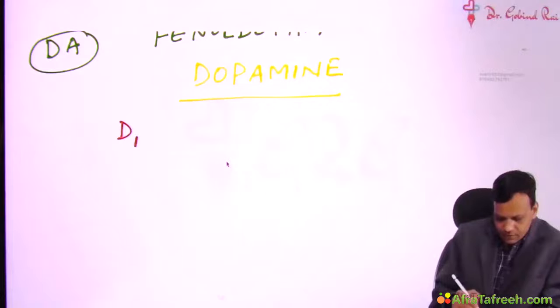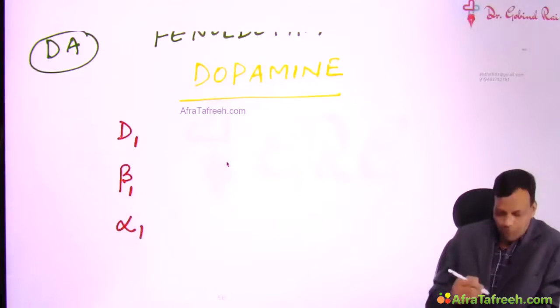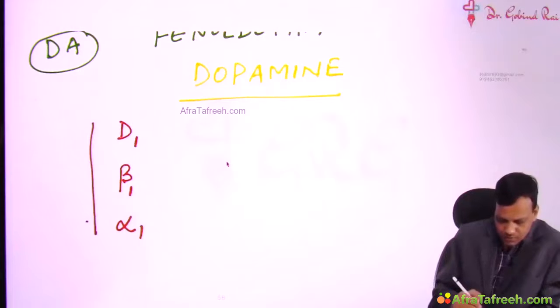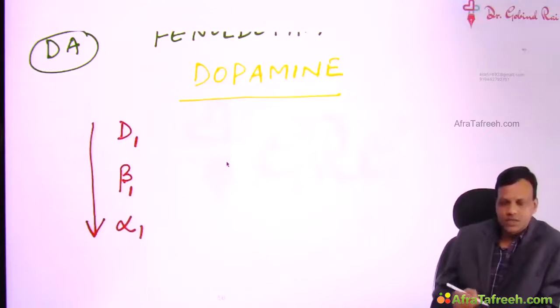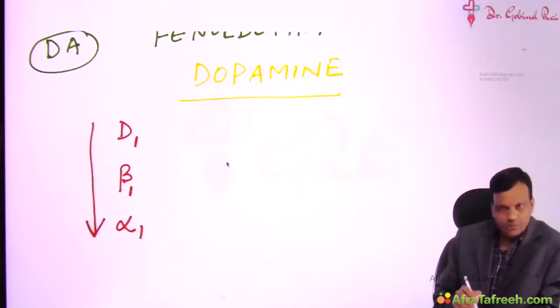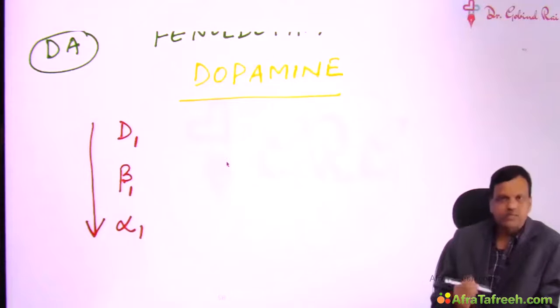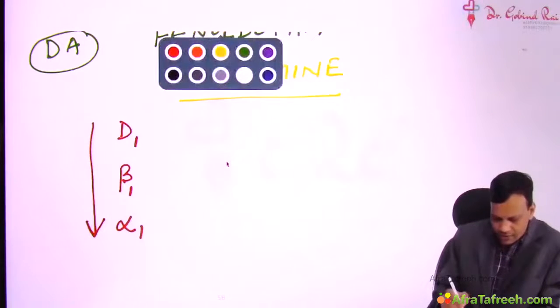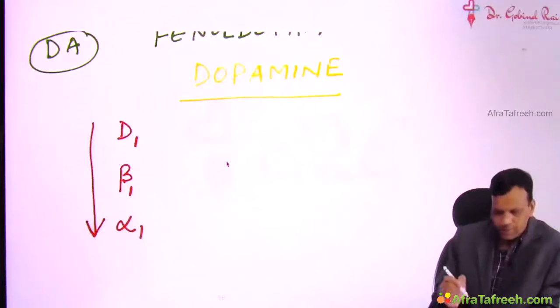These are D1, beta 1 and alpha 1. The important thing is this sequence. Sequence means at a very low dose it stimulates D1. When we increase the dose, it will start stimulating D1 and beta 1 both. And at high dose it can stimulate all three receptors. So if you remember the dose for beta 1, the other two you can automatically remember.